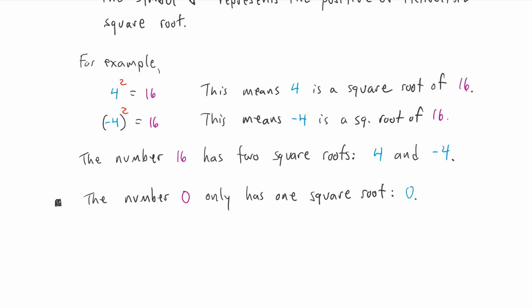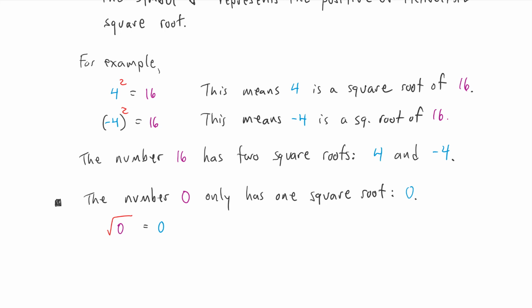So 0 is not a positive number nor a negative number. Remember, 0 on the number line separates the positives from the negatives. So 0 doesn't have a positive or negative version of itself. So if you're supposed to find the square root of 0, there is only one number that when squared gives you 0, and that's 0.